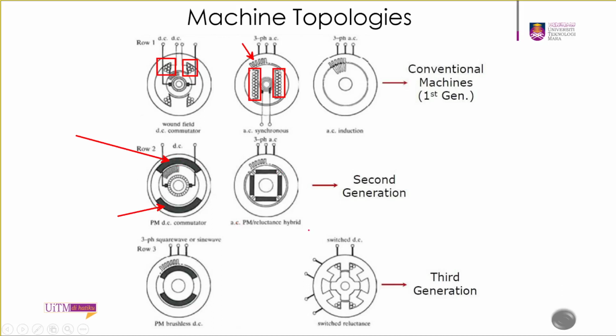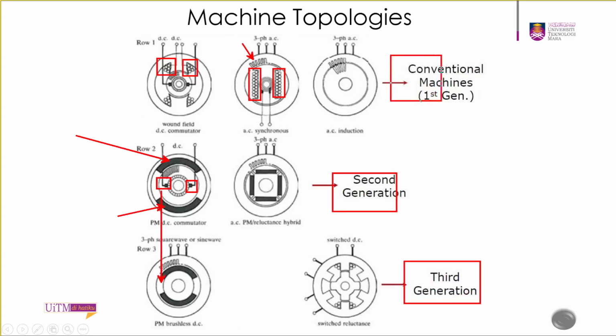And finally, for the third generation, we remove the brush. This is brushless motor, brushless permanent magnet motor. So this is under third generation, right? Second generation and conventional machines.